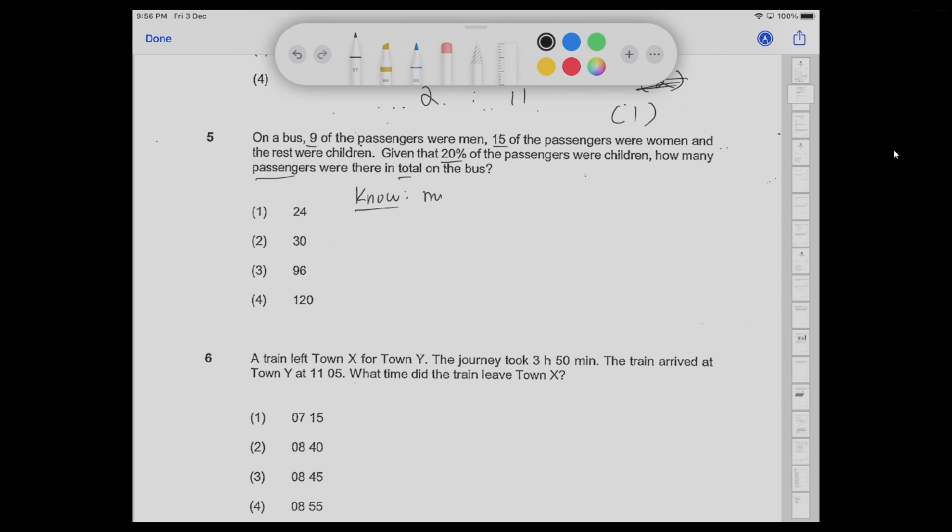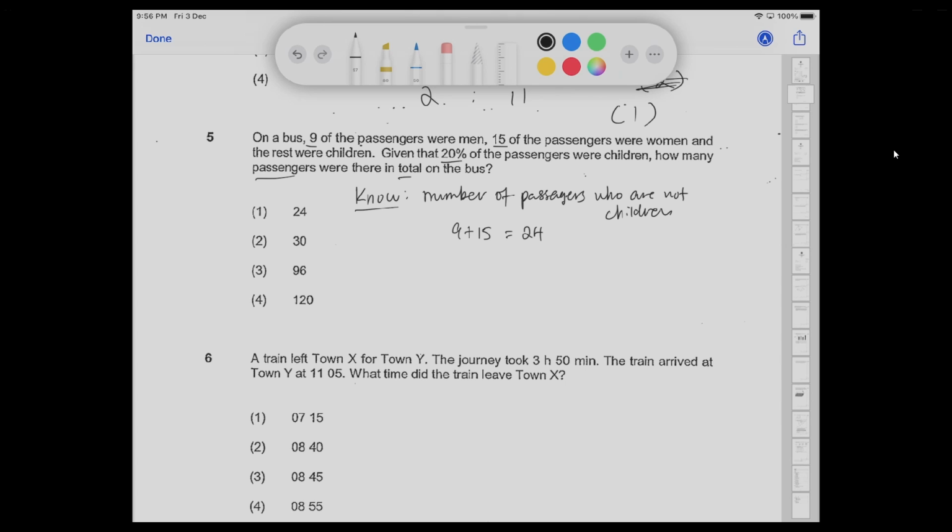So we know the number of passengers who are not children. That is just 9 plus 15, which is 24, right? So we have to relate this to a certain percentage.